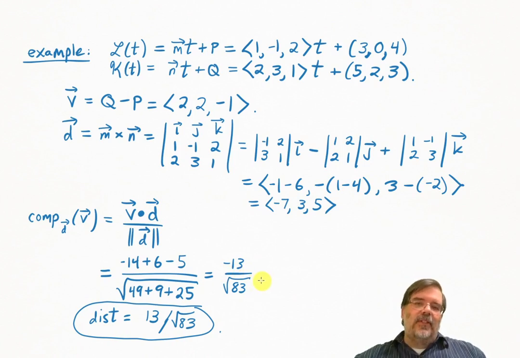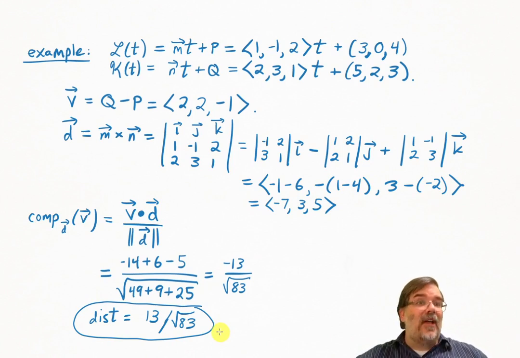But that just means that the vector v and the vector d are pointing in opposite directions. Since we're interested in a distance, and distances are positive, we can just take the absolute value. So the distance between these two lines, as measured along that perpendicular, is 13 divided by the square root of 83. And that's how that kind of calculation works.